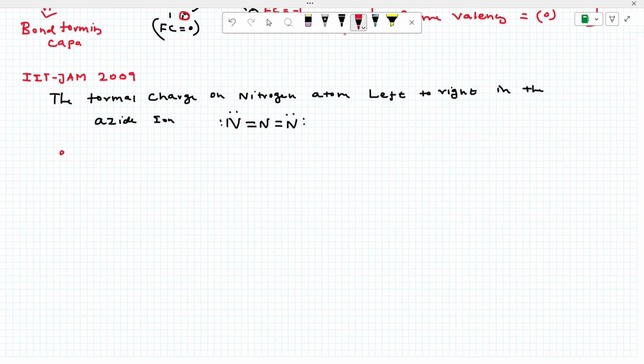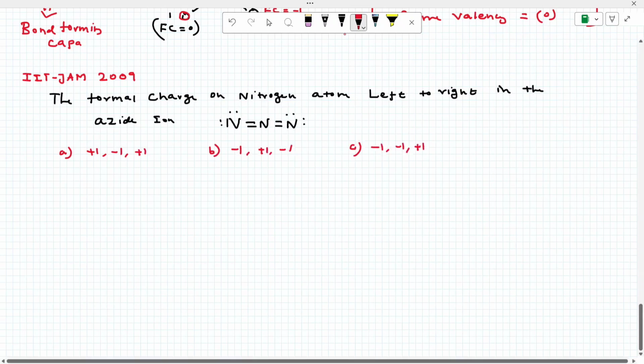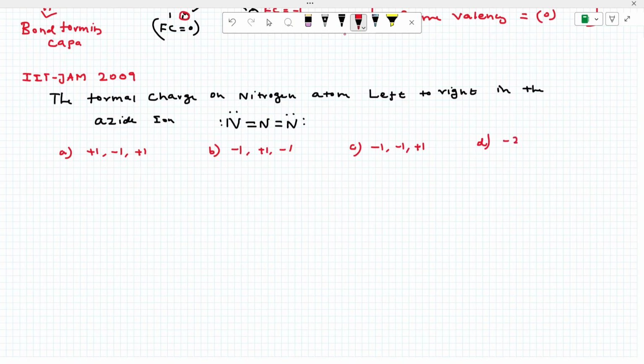Option A: plus 1, minus 1, plus 1. Option B: minus 1, plus 1, minus 1. Option C: minus 1, minus 1, plus 1. Option D: minus 2, plus 1, 0.